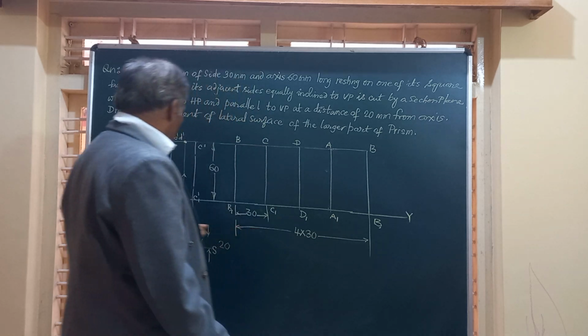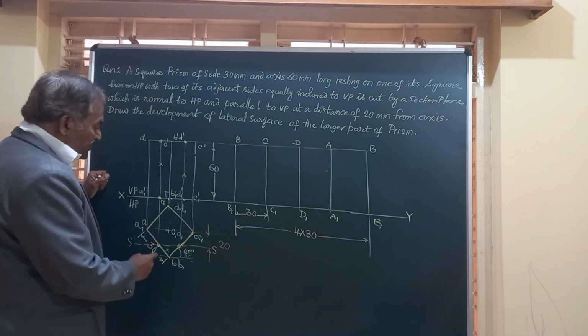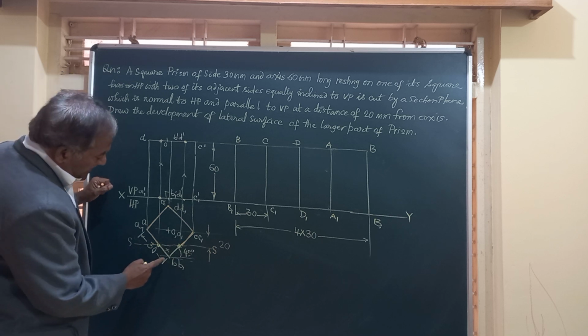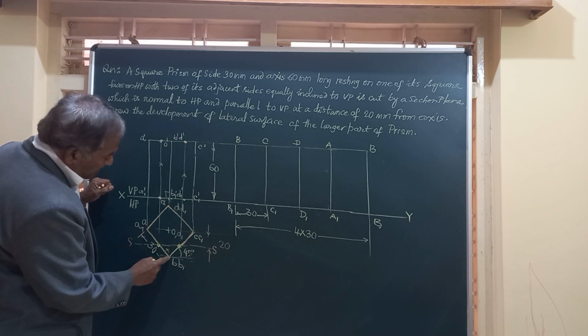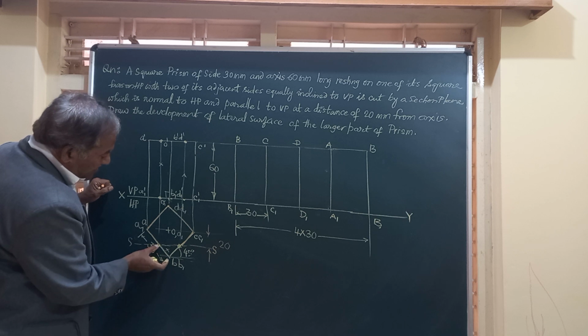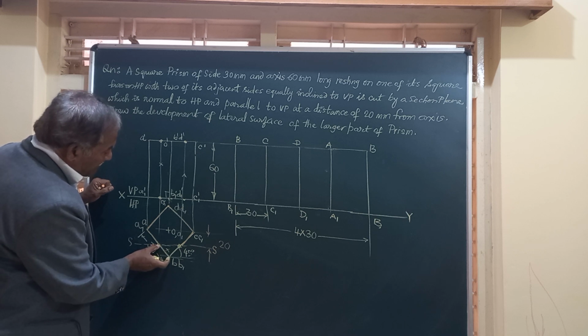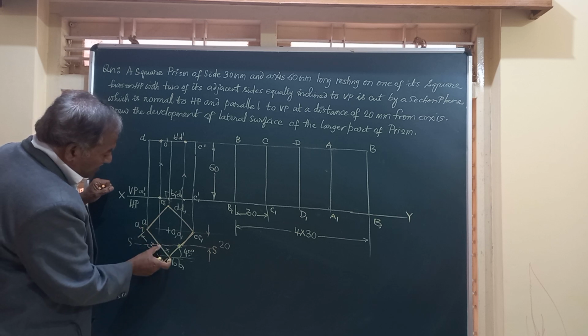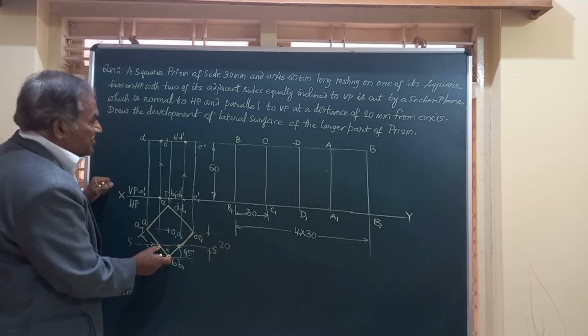Now here, if you see the section plane, it is cutting the edge AB at a distance of so much from B. So let us take the top face. On AB, nearer to B, I should take this dimension.